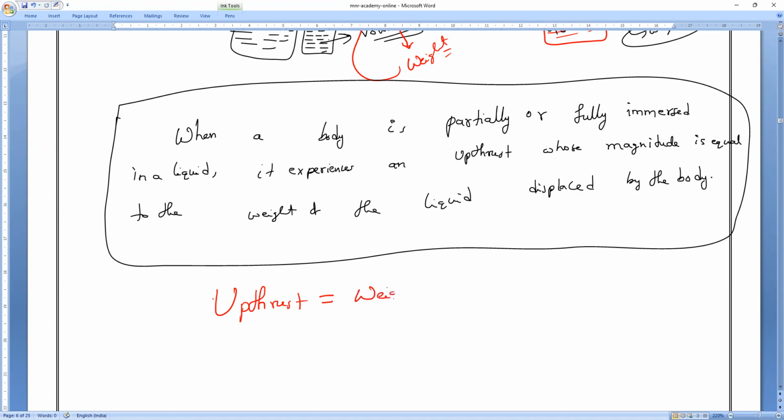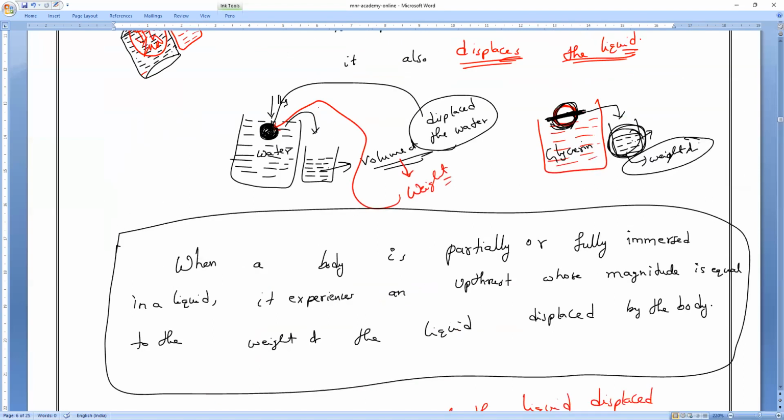Everybody? Weight of the liquid displaced. Understanding, all of you? For example, if I measure the weight of Mr. Nivedan in air, say he is 80 newtons in air.